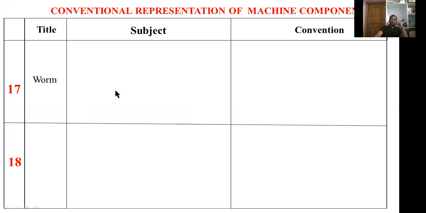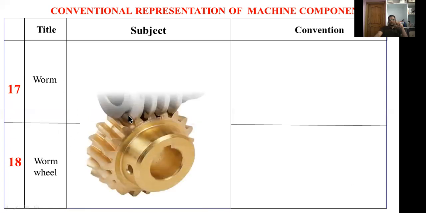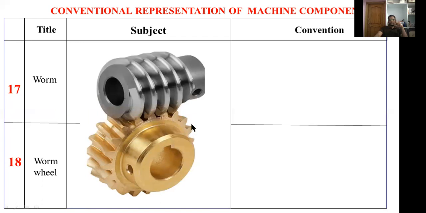Okay, this is the example for bevel gears. Now, how to represent worm gears and worm wheels? Worm and worm wheel. This one is the worm. This shaft represents the worm. This bottom wheel represents the worm wheel. How to represent worm and worm wheel?